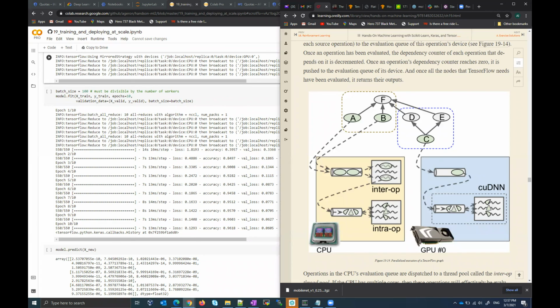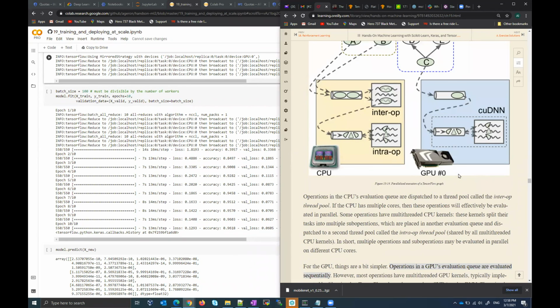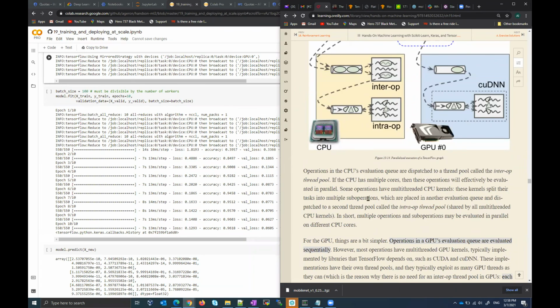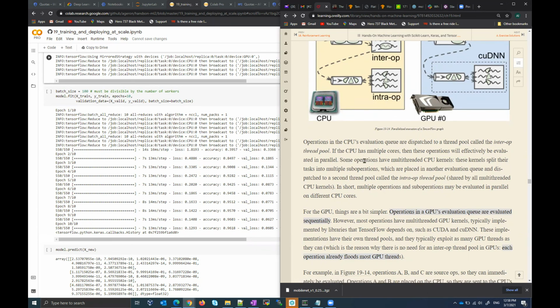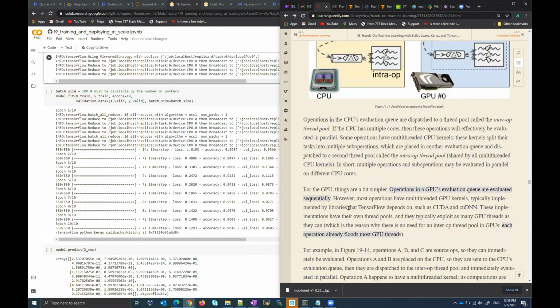Here on the right side, they go to the GPU, right? On the GPU, they're sequential, but the actual task is very parallel. So there is no problem that they are done sequentially.